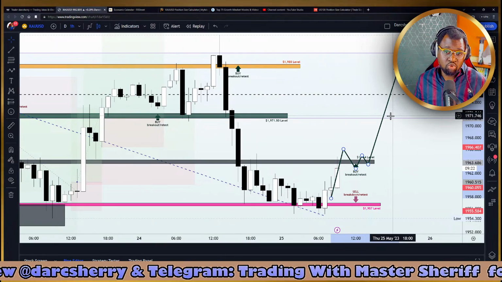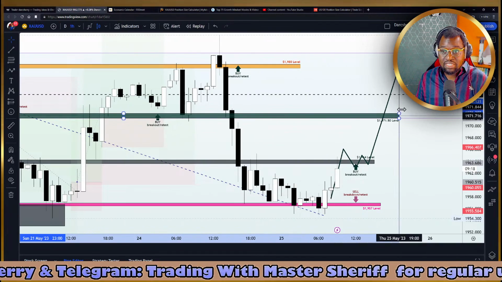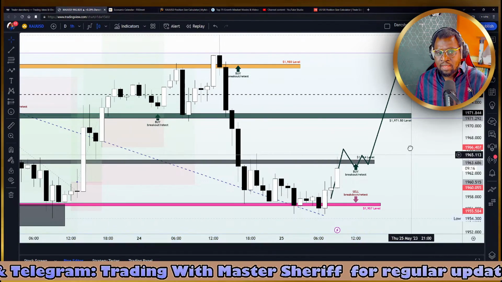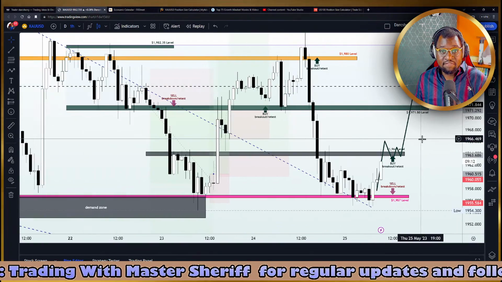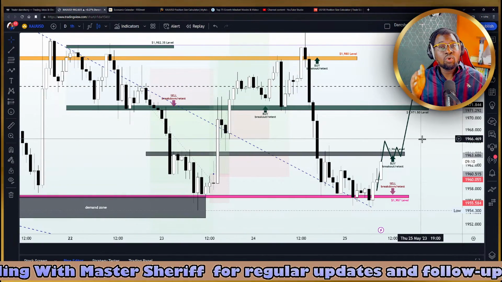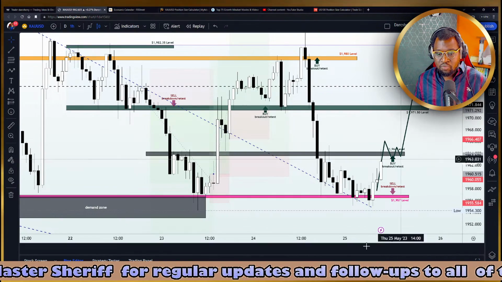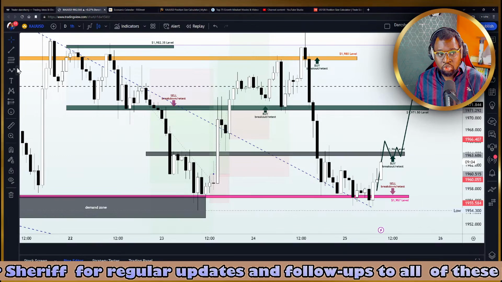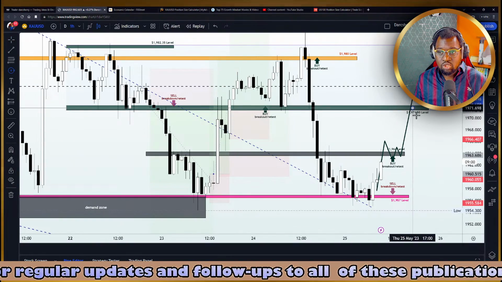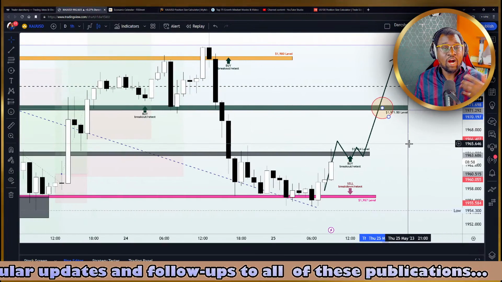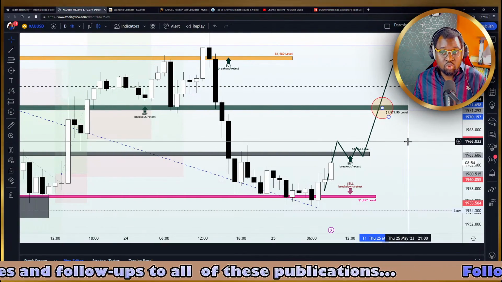Now, there is a caveat to this position that we're about to take if price action breaks out of the 1,964. Remember, we have a key level at the 1,971, which initially was our support line at the beginning of the week. So if price action gets into that structure, you know how we do it. We want to move all our stop losses to secure all positions while we wait out to see how price action will be reacting to that area.